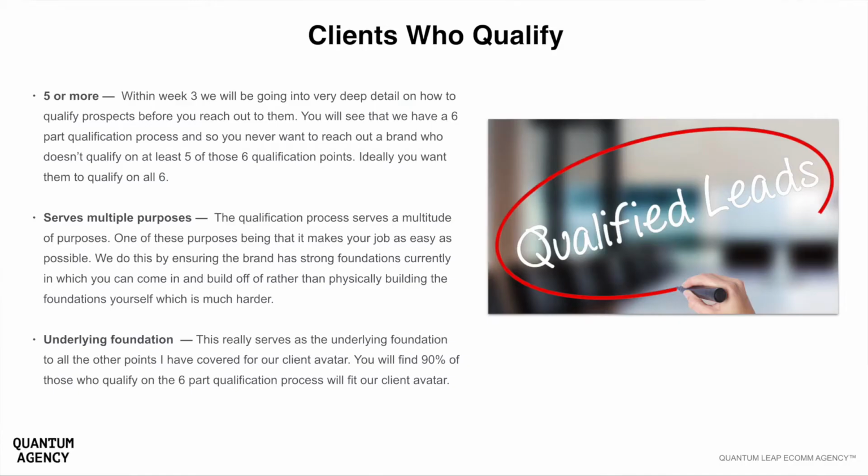That's really all it comes down to. And so, as I say, our client avatar is one that qualifies on 5 or more of the 6-part qualification process, ideally on all points, because then your job is going to be super easy, or at least easier, and a bunch of other things that we'll cover in the outreach week when we go through the specific qualification process.